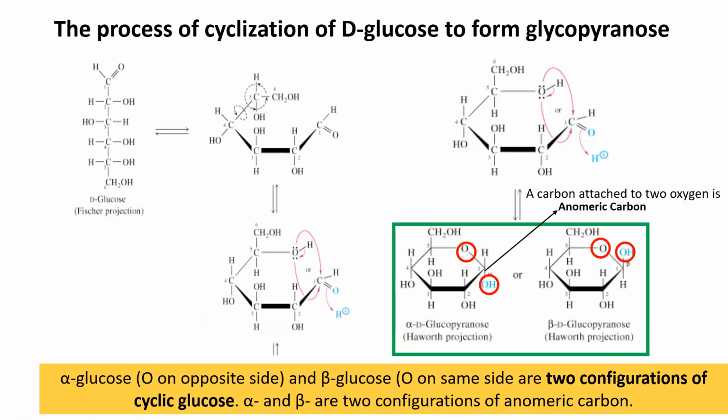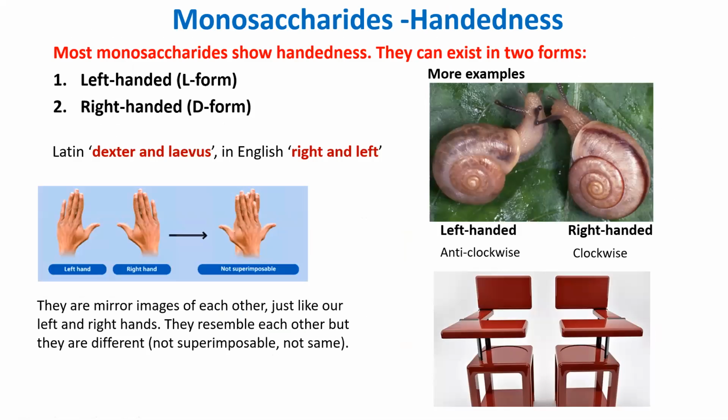I want to bring you also to the chirality part, and I'm going to bring back the anomeric as well. But let's first solve the chirality because that seems to be bothering everyone more. If you look at my pointer, you see these hands.